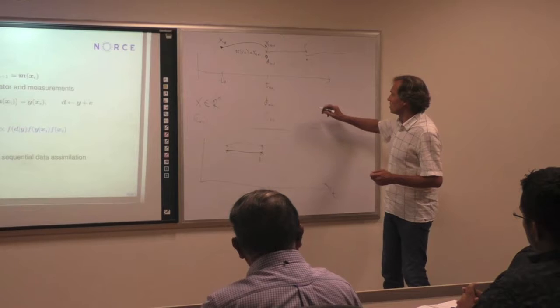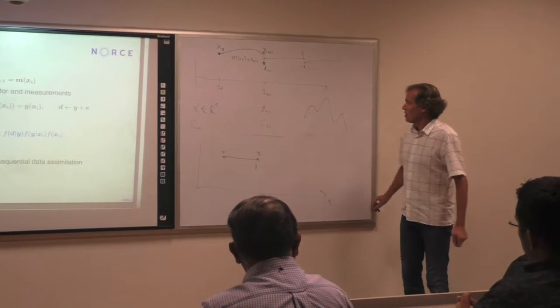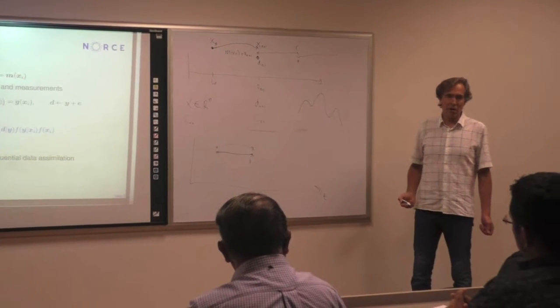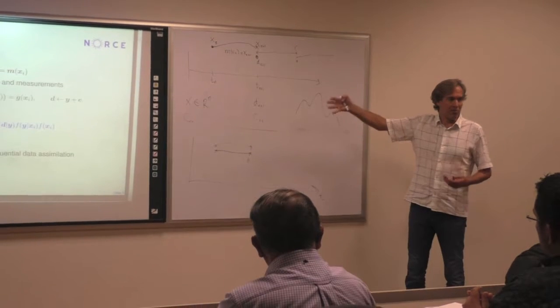So he says that, okay, if this prediction has a PDF that looks like this, then it's not Gaussian, and these ensemble methods, or the ensemble Kalman filters, will fail.